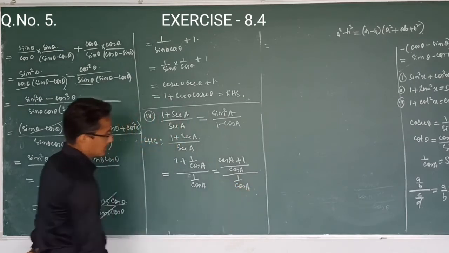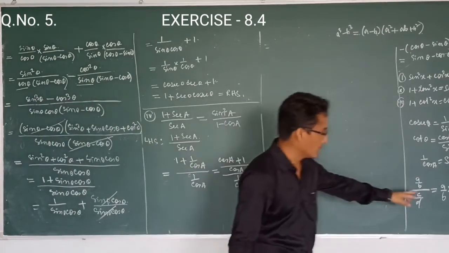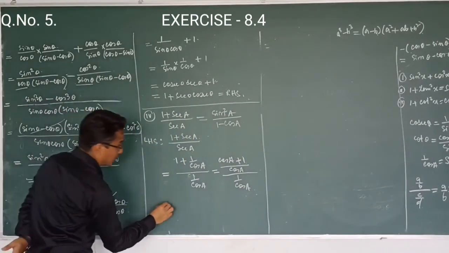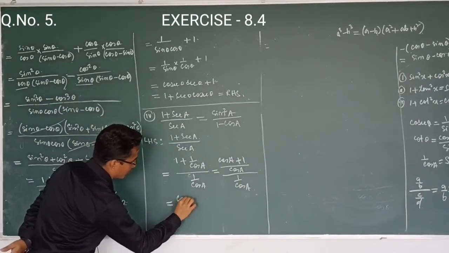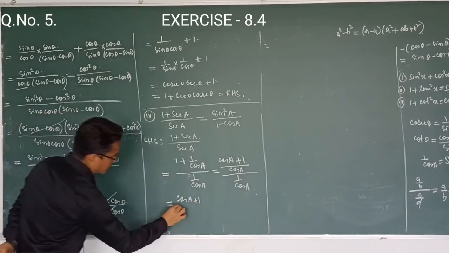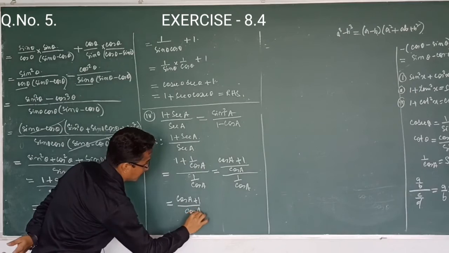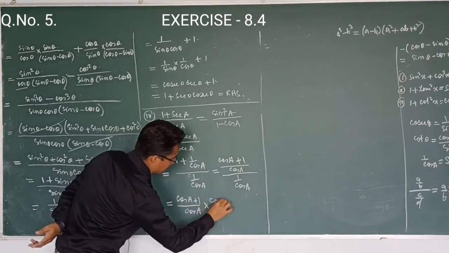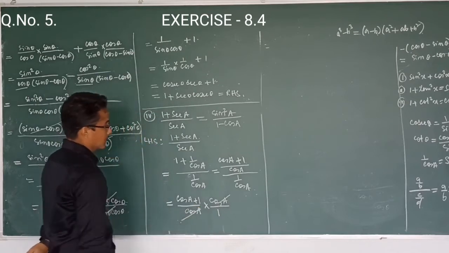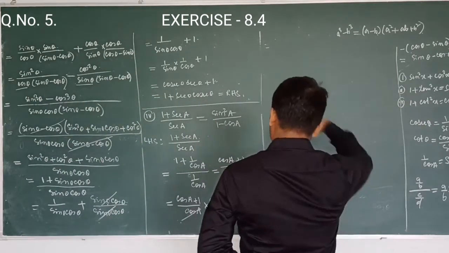Okay, then we use this again here. So which is equal to cos a plus 1 by cos a, and this will become cos a by 1. This cancels. So what we get?